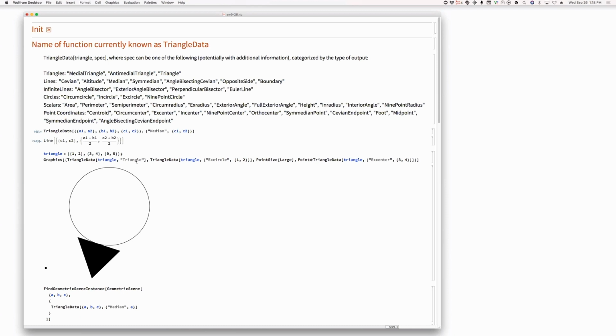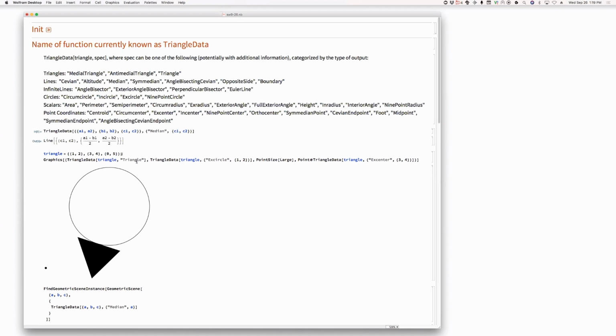The second argument is some sort of specification for what you want returned. So for instance, in this first one, the median with specification C1, C2, which has to be a vertex of the triangle, is the line segment from that vertex to the midpoint of the opposite side of the triangle.